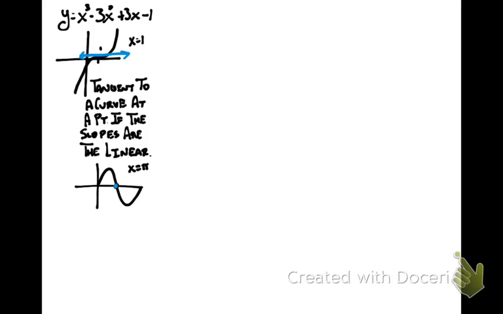And what I see is that this should have a negative slope because the curve is going down at that point. So the tangent line should look something like that. Again, we're first having you just think through the idea of what it means to be tangent at a point.